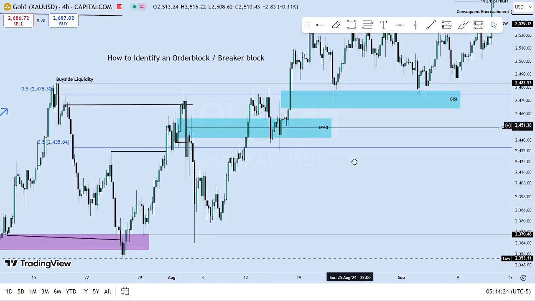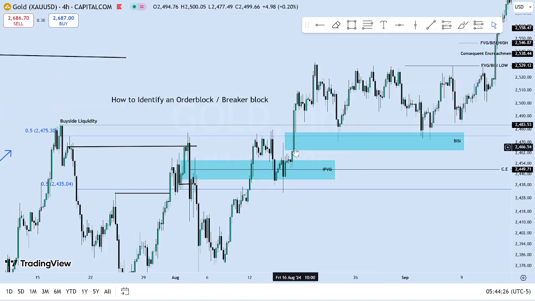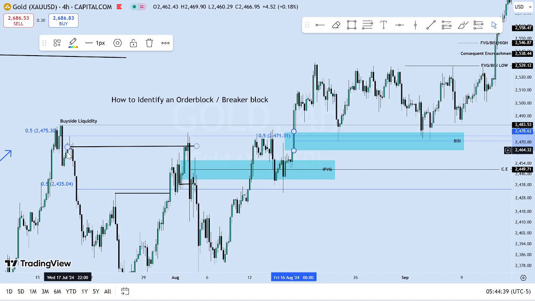So what we are looking out for is a fair value gap after a break of structure like this. Wait for price to trade inside it at the 50% level. For BC, you anchor from the high to the low. For CB, you anchor from the low to the high. BC, you anchor from the high to the low. This is the candle that created the fair value gap.